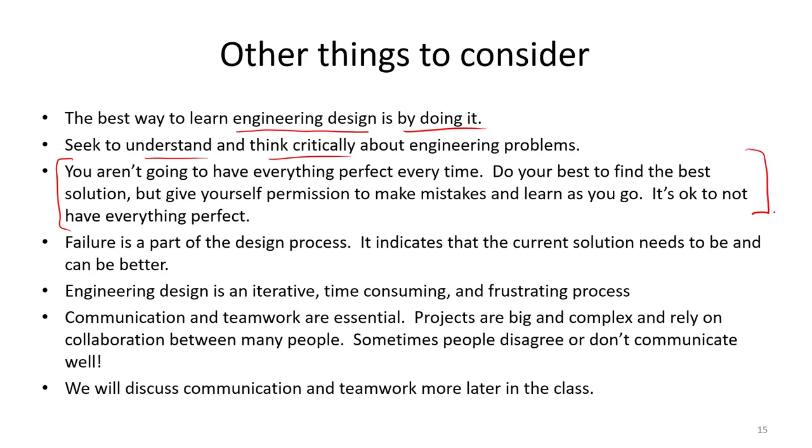So you want to do your best to find the best possible solution, but give yourself permission to make mistakes and learn as you go. You'll find in the real world, not everything's going to be perfect. It's not possible to have perfect. You do the best you can to get the best solution, but it's okay to not have everything perfect, especially the very first time.